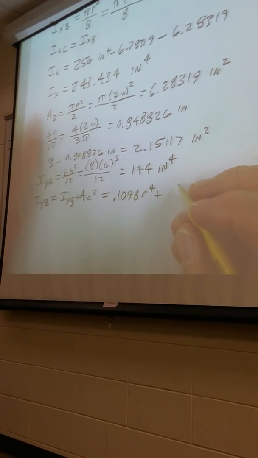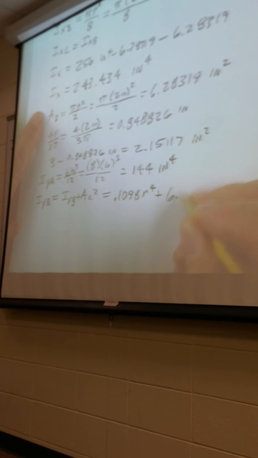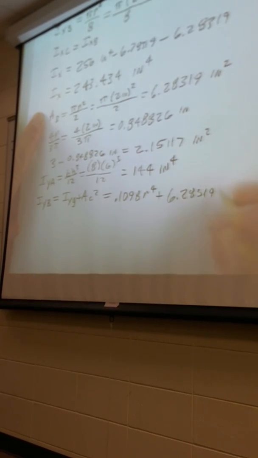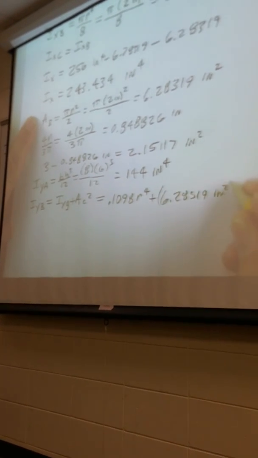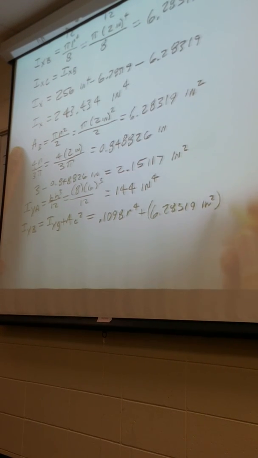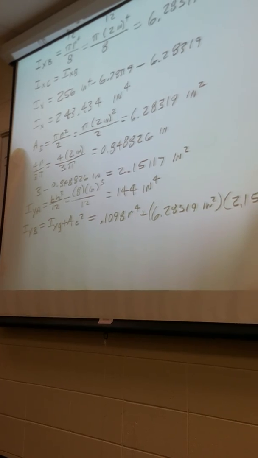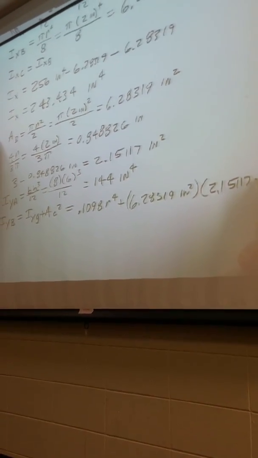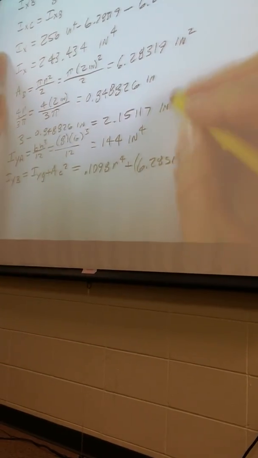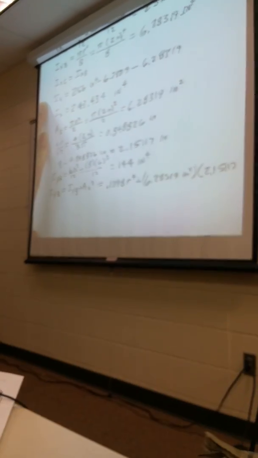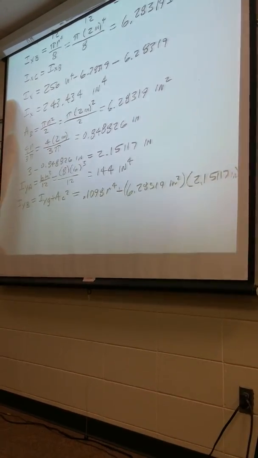Did I ever figure out the area? Yes, 6.28319 inches squared. Did I figure out the C distance? 2.15117. Oops, it's inches squared up here, that's just inches. So here we're gonna square it.